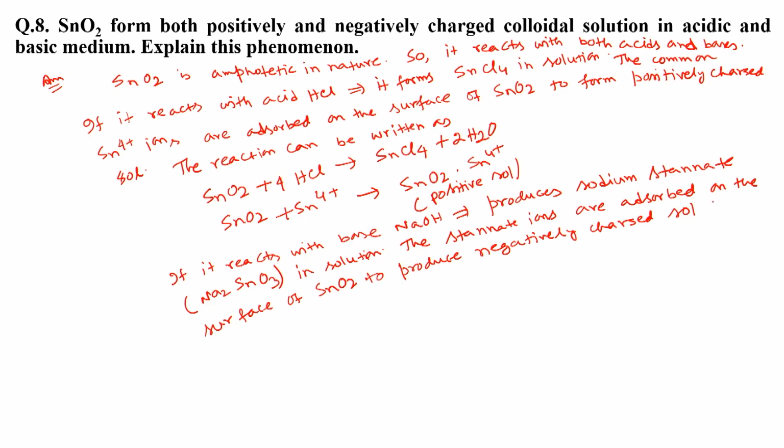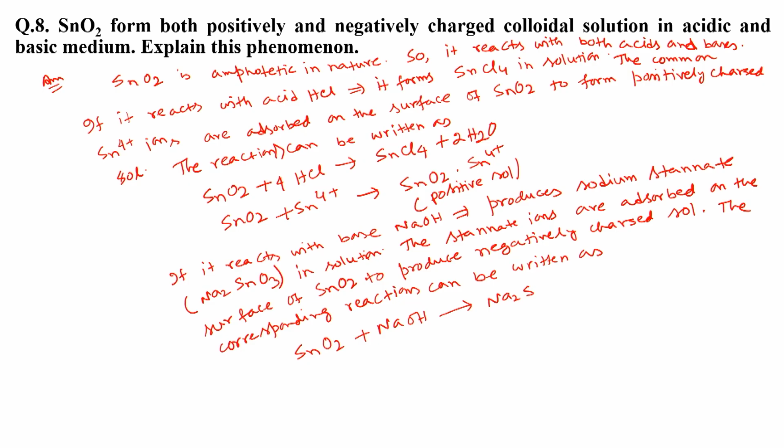The corresponding reactions can be written as SnO2 plus NaOH gives Na2SnO3, so 2 NaOH we will require probably, plus H2O.